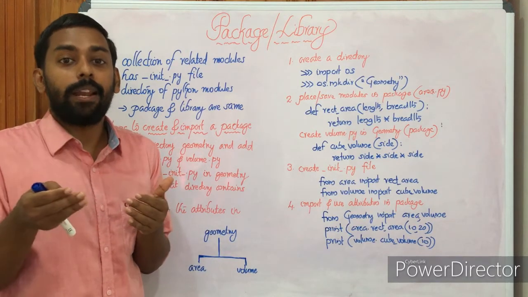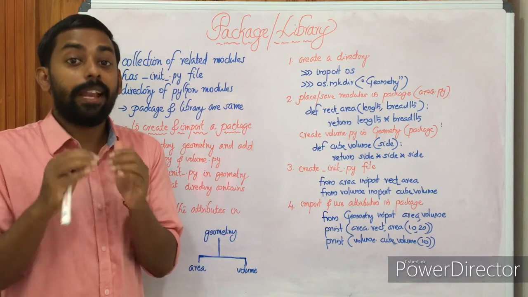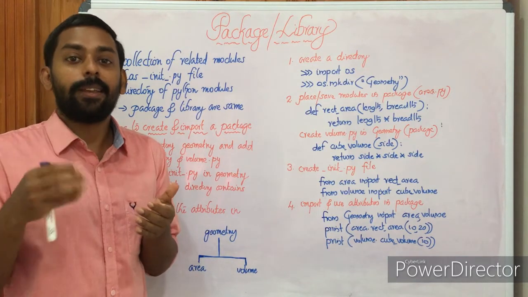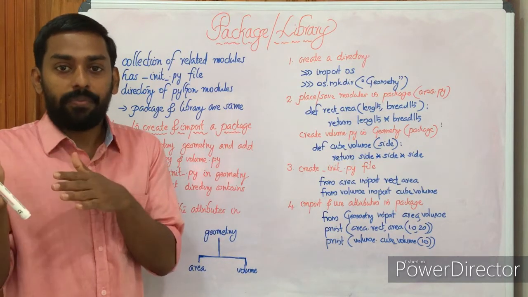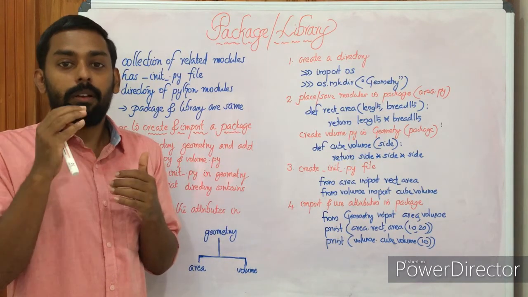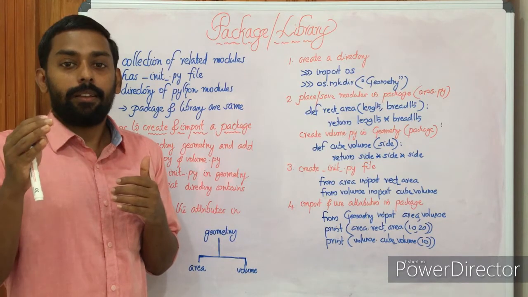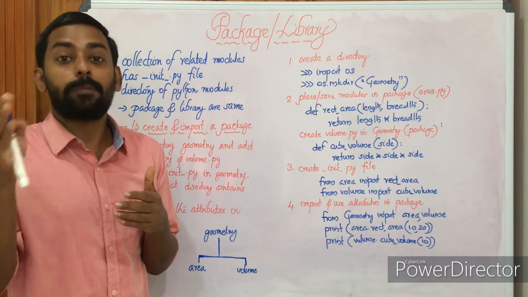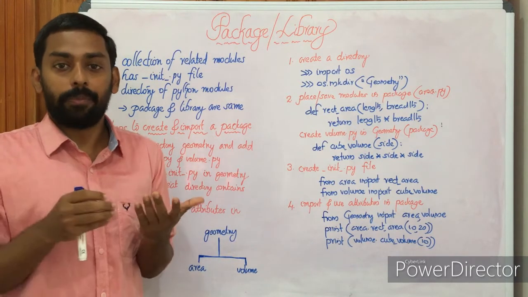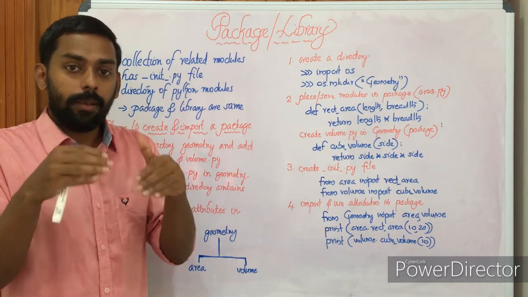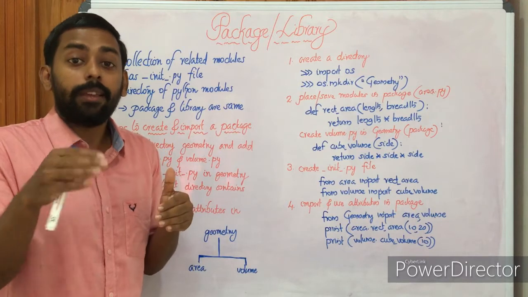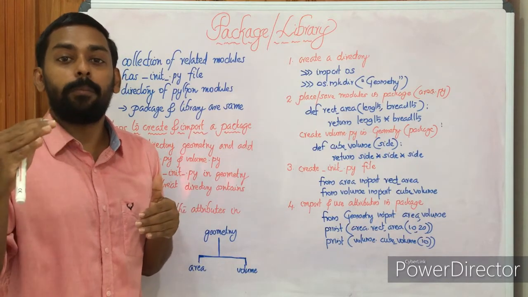Member aliasing means that, just like aliasing a module, we can alias members in a module, like variables or functions. For example, from test import X as P, add as sum. X is the variable already there in the module test, so we are renaming X as P. P will be the alias name.